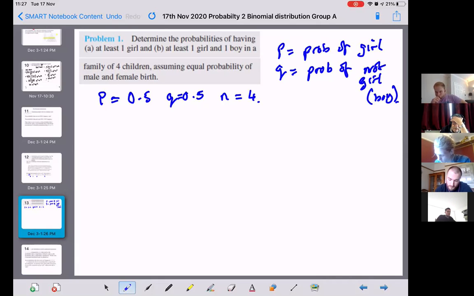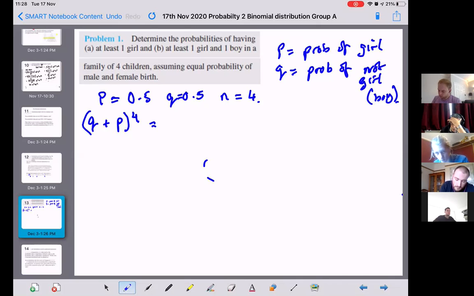So what we need are, from the Pascal's triangle, the coefficients for Q, sorry, I'm getting it wrong myself now. We need to expand Q plus P to the 4.